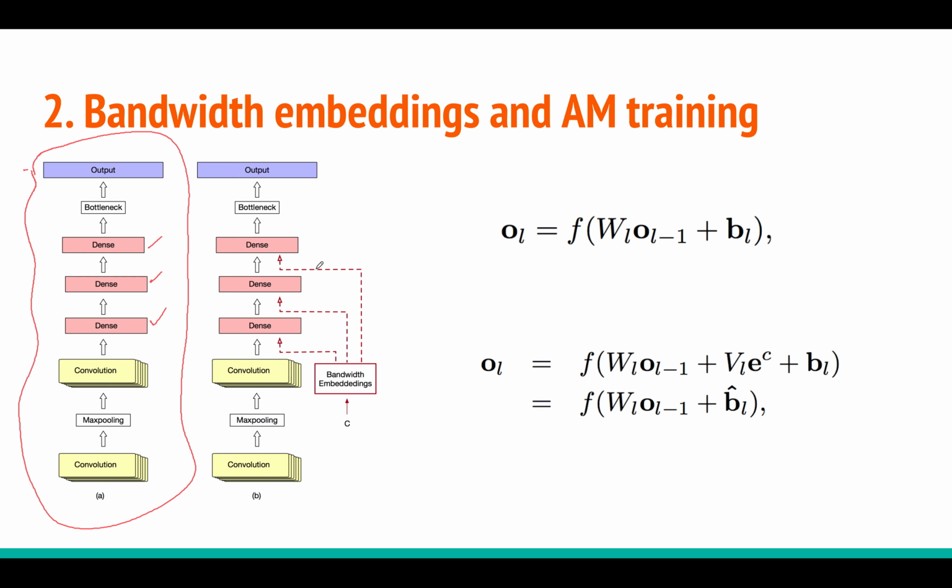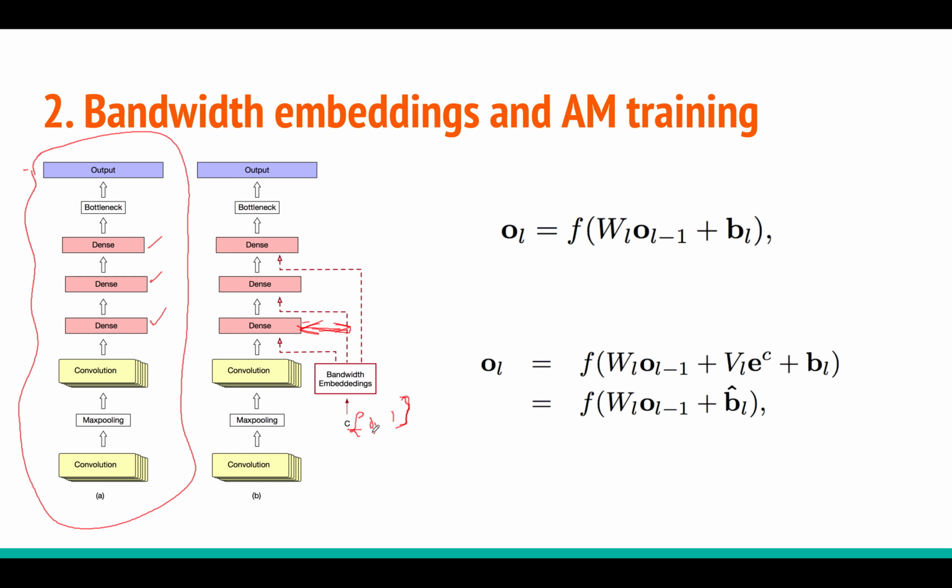Now, how do we incorporate the bandwidth embeddings? Assume we take some dense layer vectors here, and to this dense vector we are going to append some other feature vector, which is called the bandwidth embeddings. So, what are these bandwidth embeddings? When we feed the input, we will know whether it's wideband or narrowband.